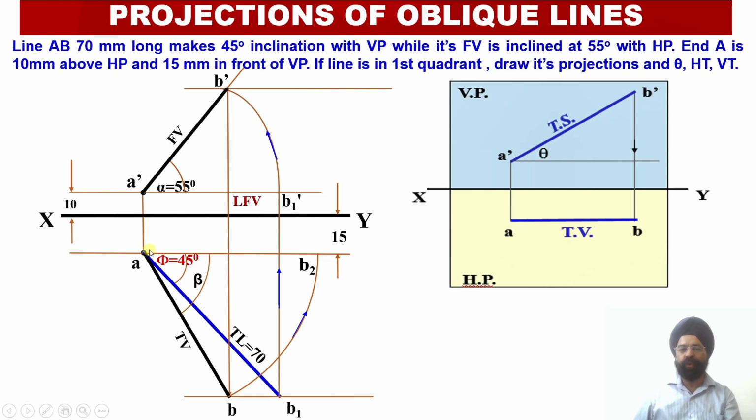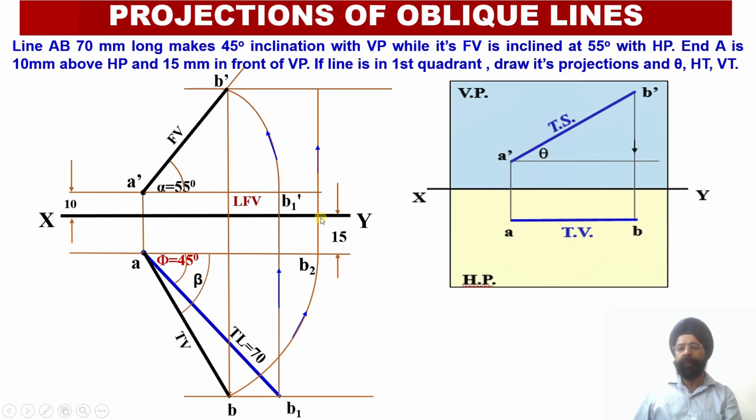Now from B2 I will be dropping a perpendicular projection line up to the locus line corresponding to the point B dash over here. This is once again the direction in which I am going to move.